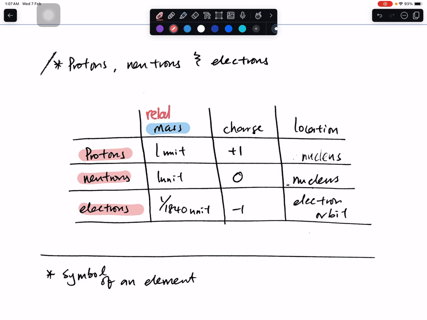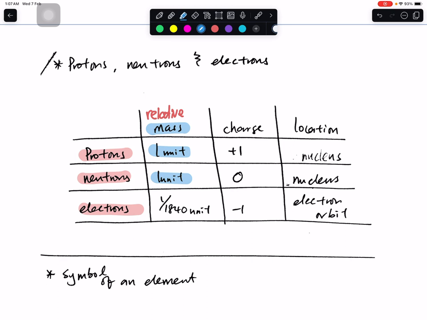It represents the relative mass. Over here you'll see a unit and 1 unit. This unit is a relative number. It doesn't represent 1 kg or 1 gram. If protons and neutrons were apples and oranges, they would be apples and oranges of the same size. That's what this means.